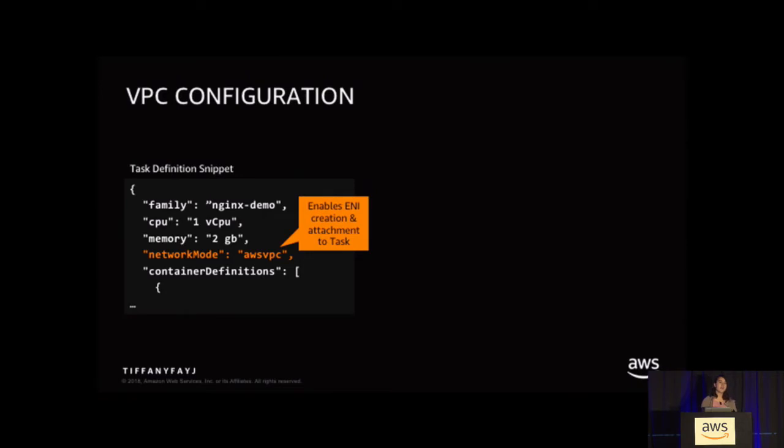Whereas now, if you have, say, 3 different copies of an Nginx task running, you don't have to worry about that, because the host port and the container port end up being the same, but it's specific to the IP address that's created for every single one of your tasks.